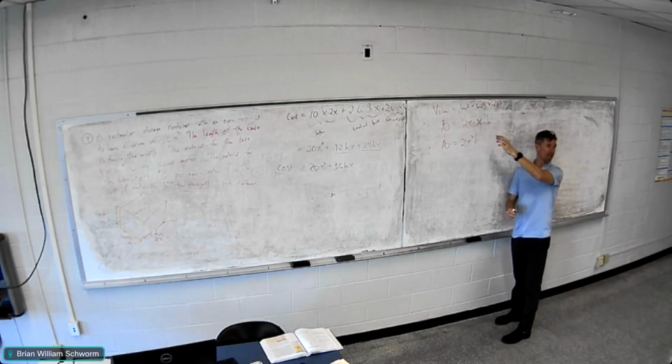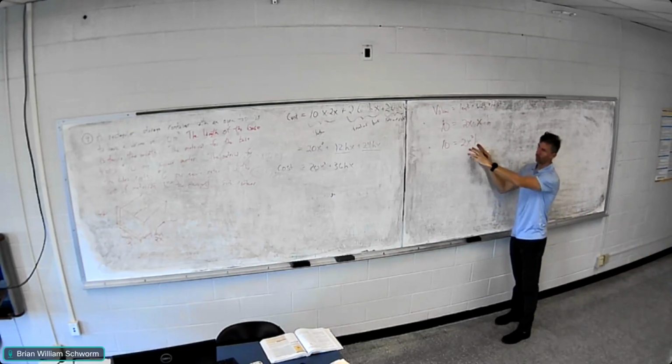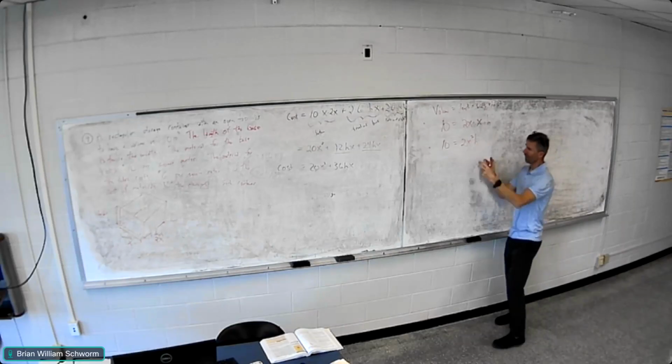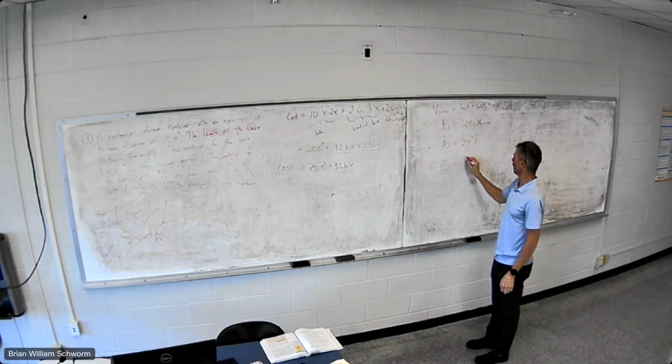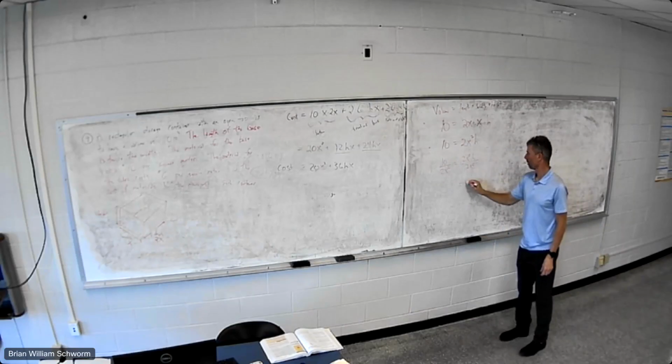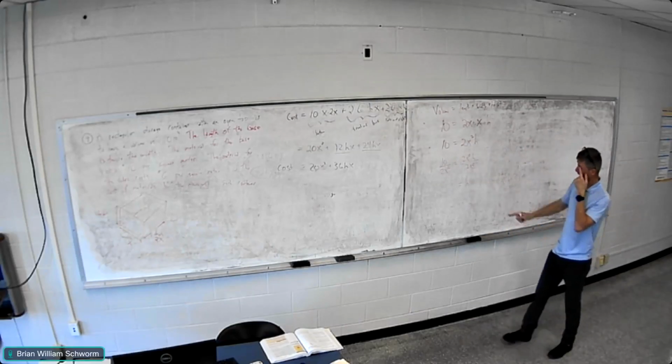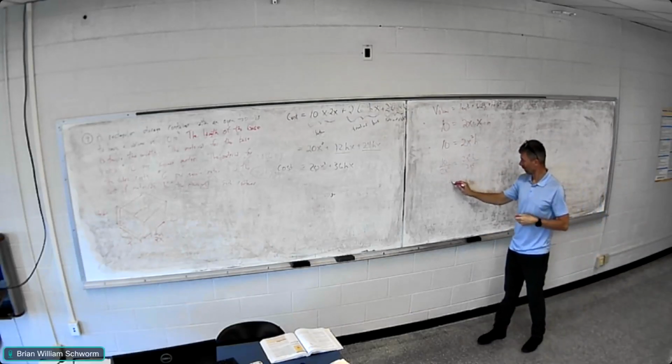If I divide by 2x squared to isolate the h, because the idea is I want to put it in over there and I only have x's, and I can simplify this to 5 over x squared.